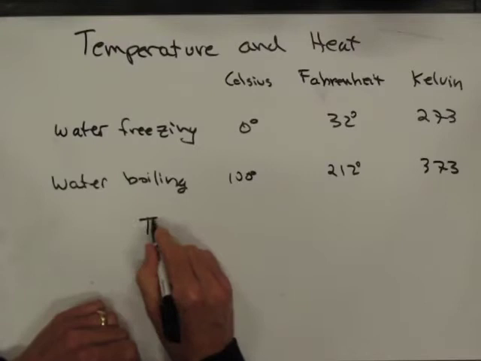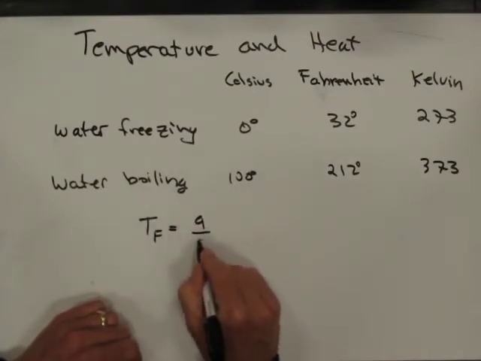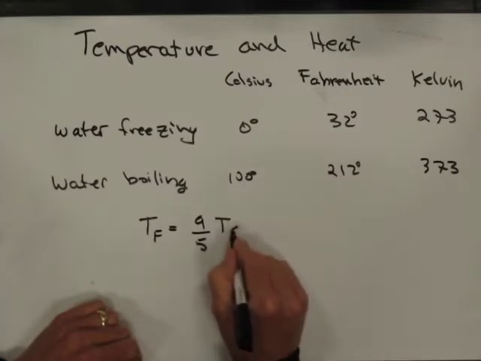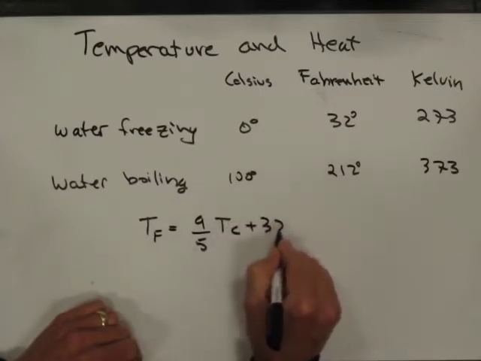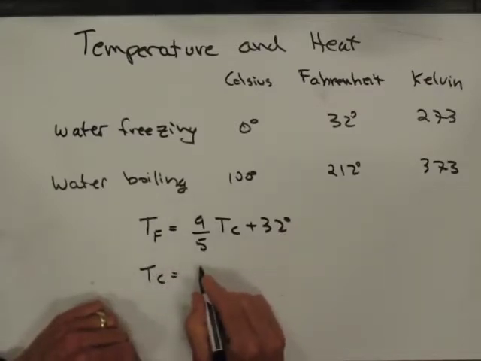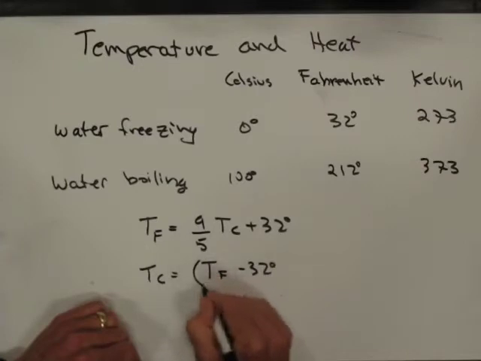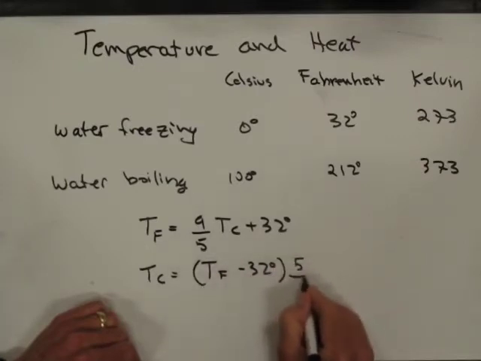We can say the temperature in Fahrenheit is equal to 9/5 times the temperature in Celsius plus 32 degrees. If we reverse that, we can say the temperature in Celsius is equal to the temperature in Fahrenheit minus 32 degrees times 5/9.